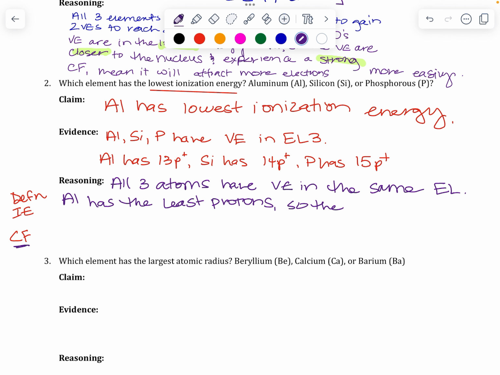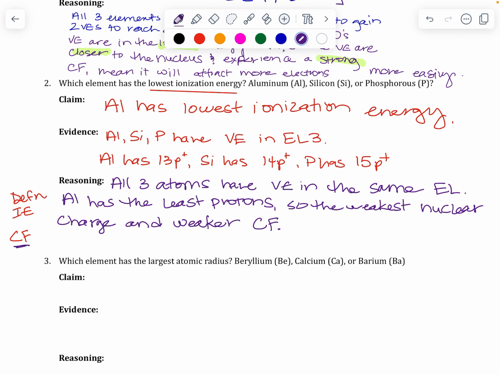So the weakest nuclear charge, that is just charge in the nucleus. We just focus on the protons for that. Weakest nuclear charge. And then if you have a weak nuclear charge, you're going to have the weaker Coulombic force.